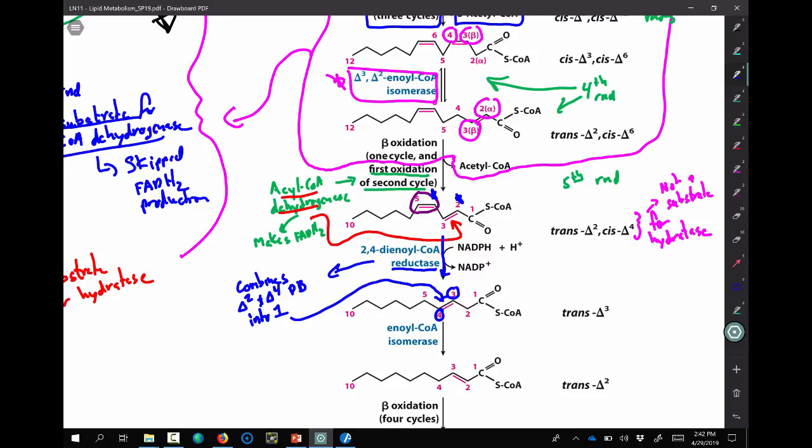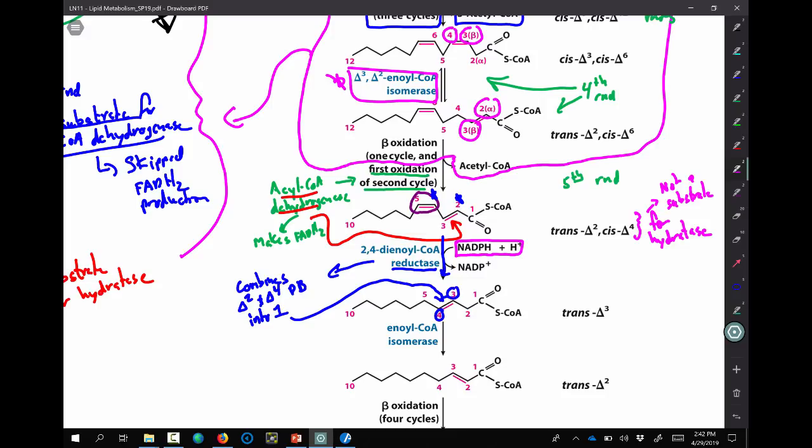Now, here's the fun part about this. It uses an NADPH to do this. Okay? Because it's a reductase, it has to get electrons from somewhere, and it's going to take those electrons from an NADPH molecule. That NADPH molecule, in accounting terms, is essentially an NADH equivalent.